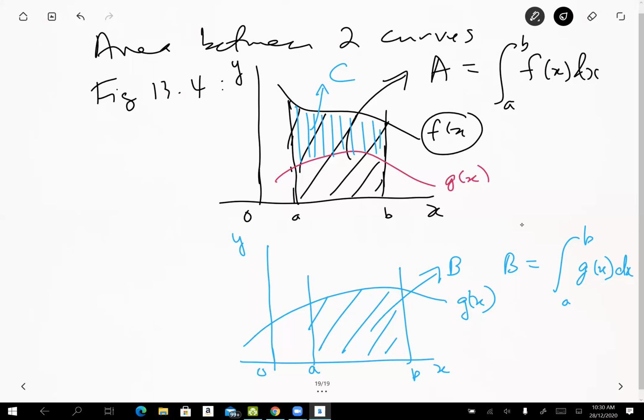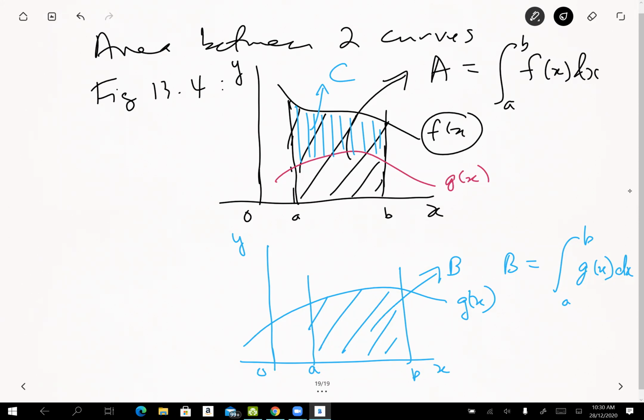How do you get it? The area A minus B. So what you do here is, you want to find C. In order to find C, you need the area under f of x.